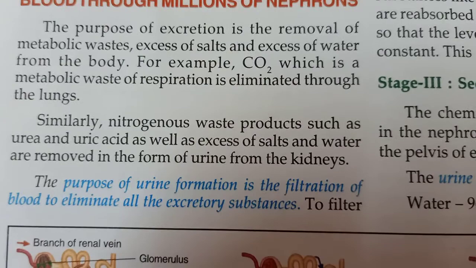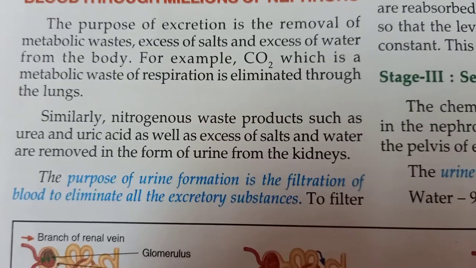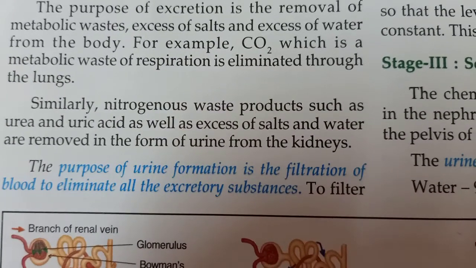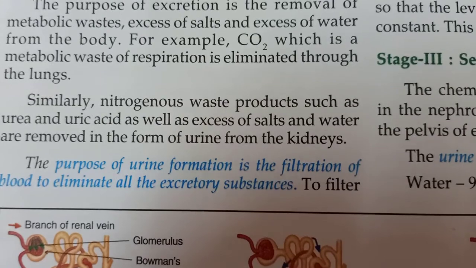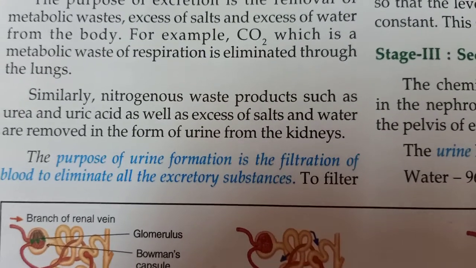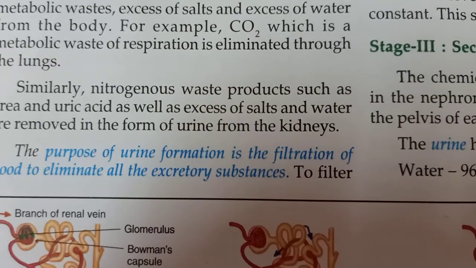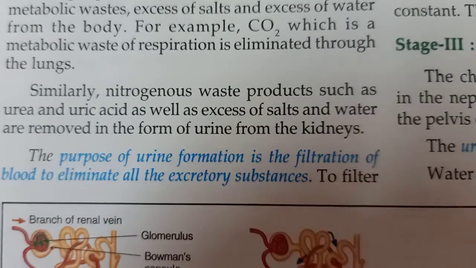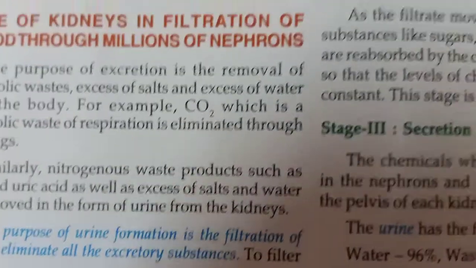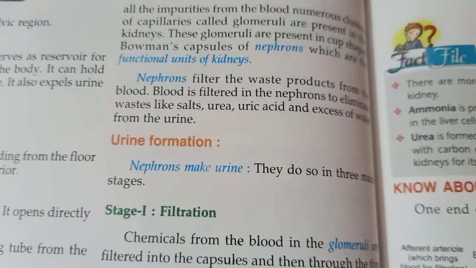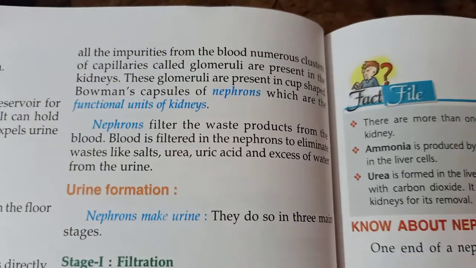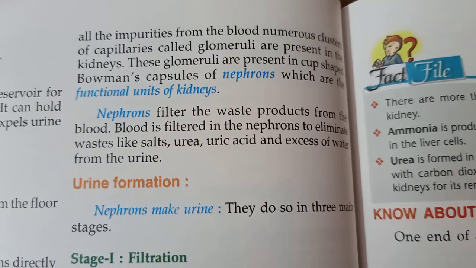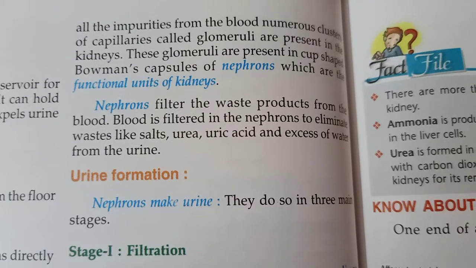Now the purpose of urine formation is the filtration of blood to eliminate all the excretory substances. It clears the blood so as to eliminate all the excretory substances from our body and to filter our blood. To filter all the impurities from the blood, numerous clusters of capillaries called glomeruli are present in the kidneys.